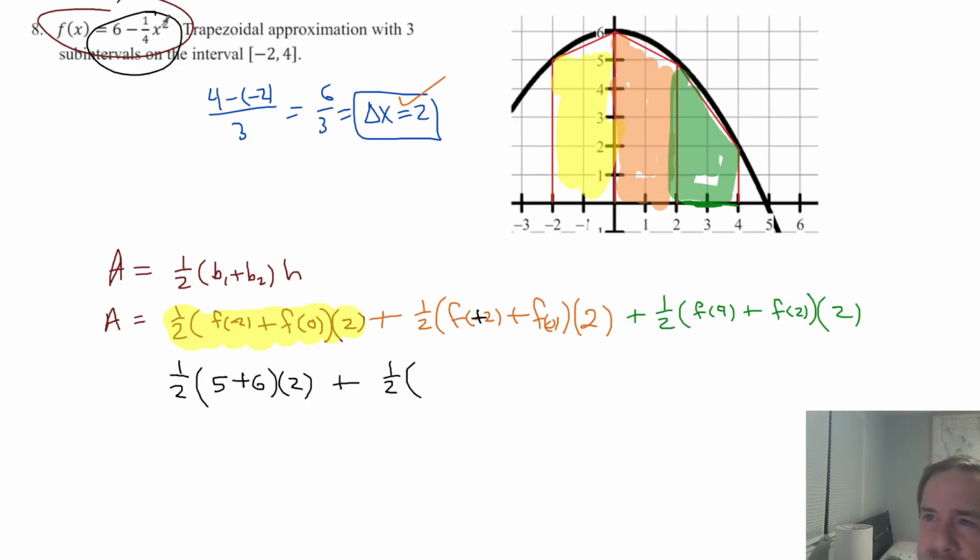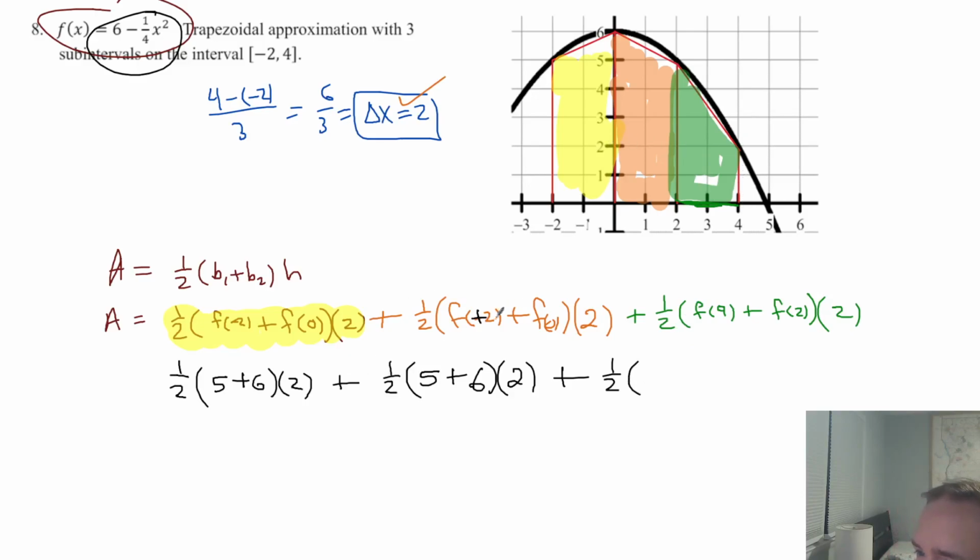Positive 2 squares to make 4, and a quarter of 4 is 1, and 6 minus 1 is indeed still 5. And f of 0 is still 6 from the previous one, and delta x is still 2. And then for our little green guy, we get 1/2 of f of 4, and it certainly looks like f of 4 is just giving 2.